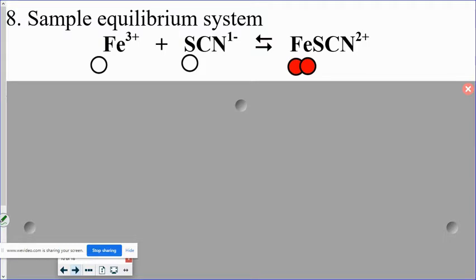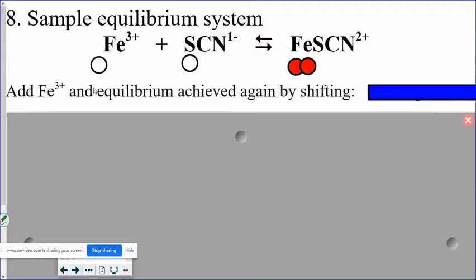So here we go with number 8. If we add some Fe3+, and equilibrium is achieved again, by shifting how? If I increase the amount of Fe3+, that is my stress. The reaction is going to shift to reduce that stress.